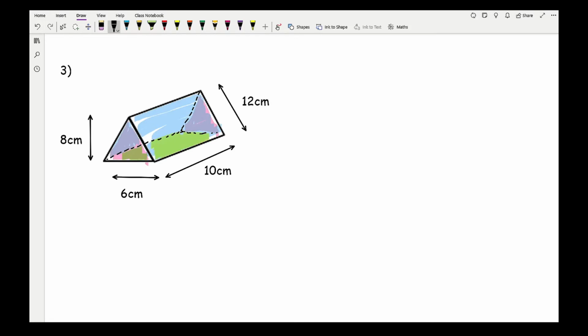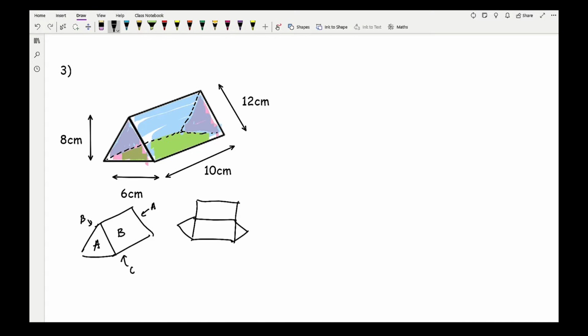Now in terms of labeling, if I just draw that again, I label this A, B, I've got another B on this side, I've got an A on this side here, and I've also got a shape C on there. So I've got 5 faces, and again if I was to look at the net of this, it would look something like this.